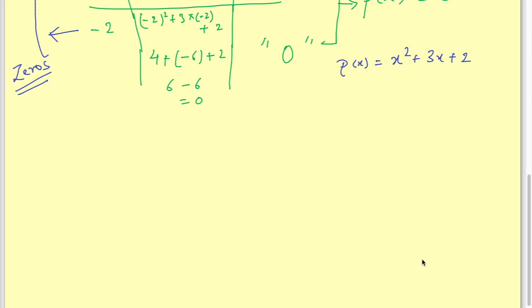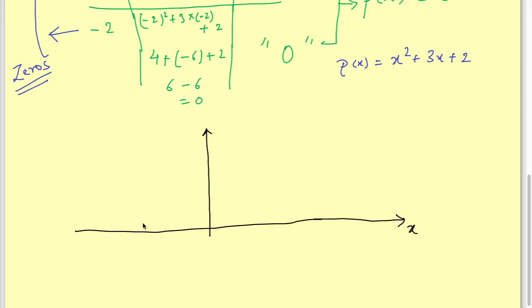So if I would plot this on a scale, likewise, this is my y-axis, this is my x-axis. If I plot this, it will look something like this.